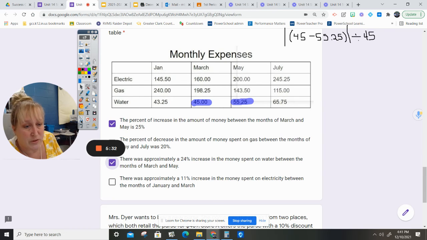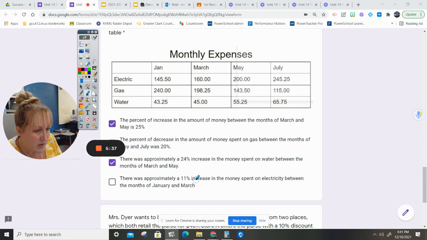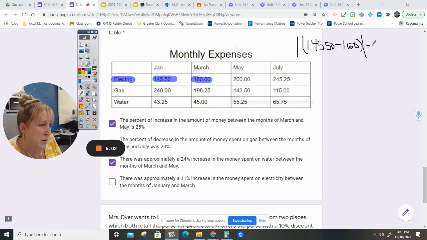Okay, we're on our last one for this. And we got to read the problem again. Approximately 11% increase in electricity between the months of January and March. So I'm going to write down 145.50 minus 160, parentheses, absolute value, divided by the 145.50.